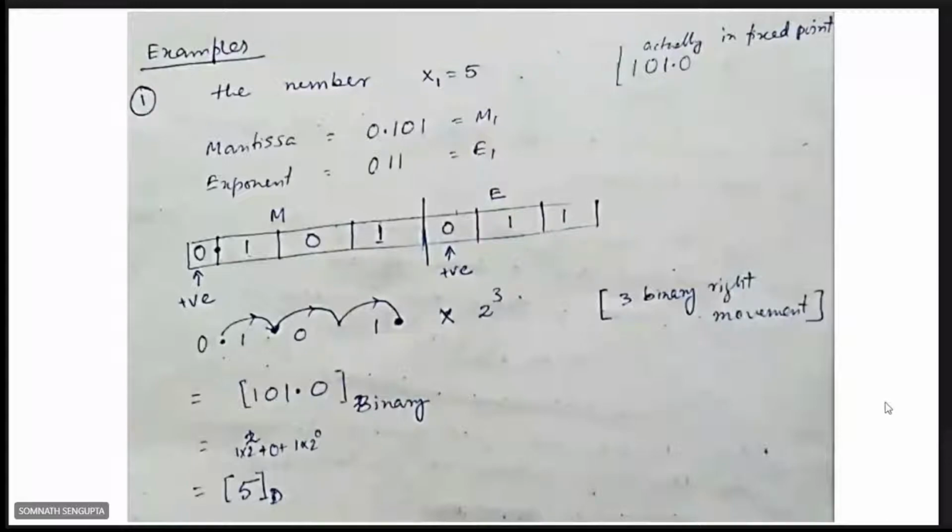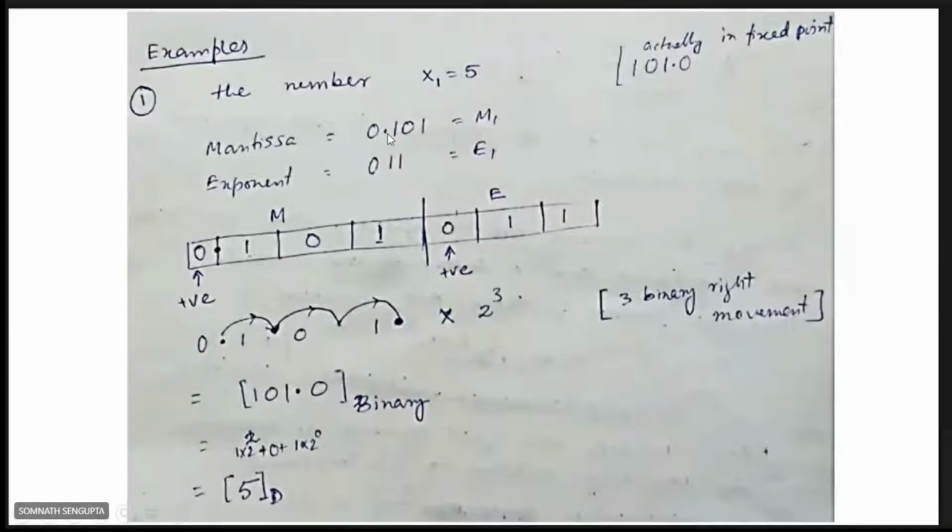In the mantissa, the binary point is first after the sign bit, that is 0. 0 is the sign bit and represents positive, and after that the binary point exists.